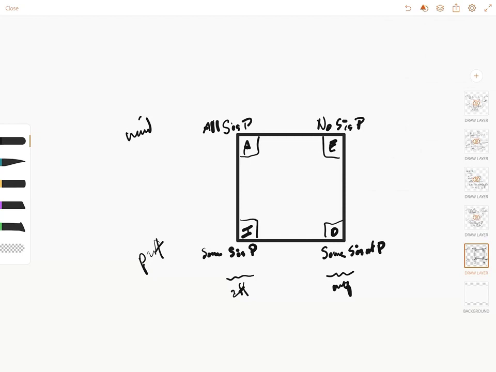In our previous tutorial introducing categorical logic, I used an informal diagramming system, I guess you could call it, that represented the subject and predicate terms and the relationship between those terms.